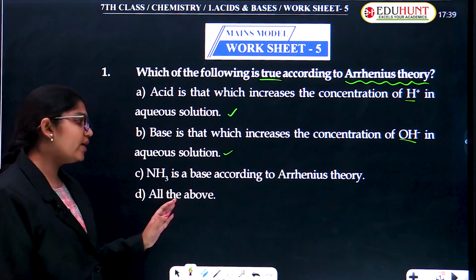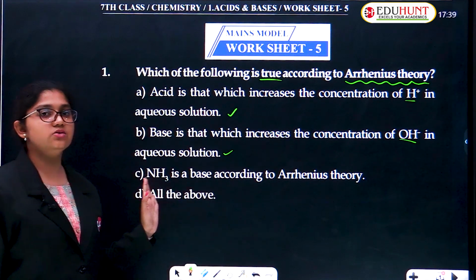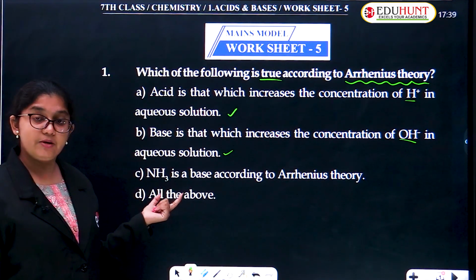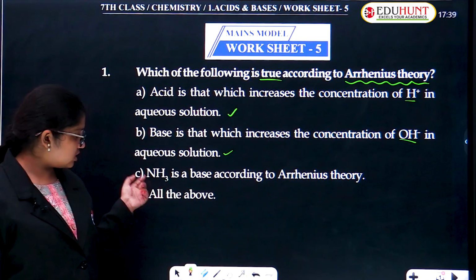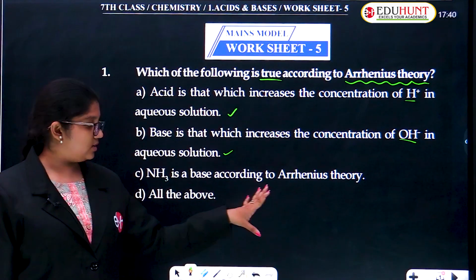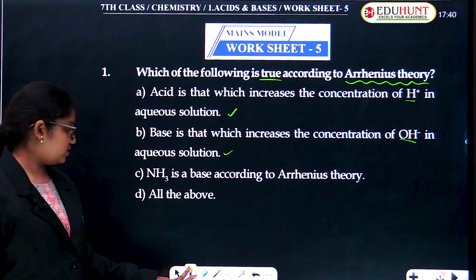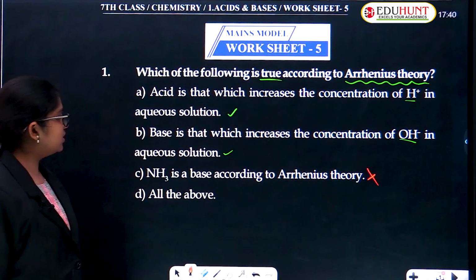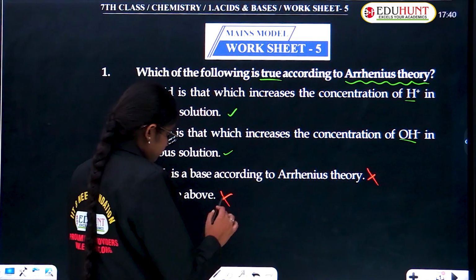No. According to Arrhenius theory, NH3 does not have any OH group, so it is not considered a base. It is regarded as a base in the modification of Arrhenius theory, but not in the actual Arrhenius theory, okay? This statement is wrong. And all the above is also not right.